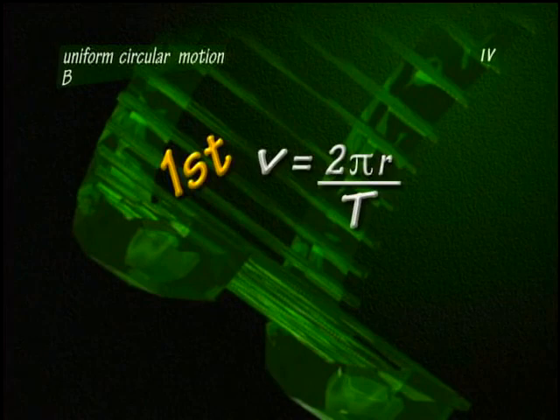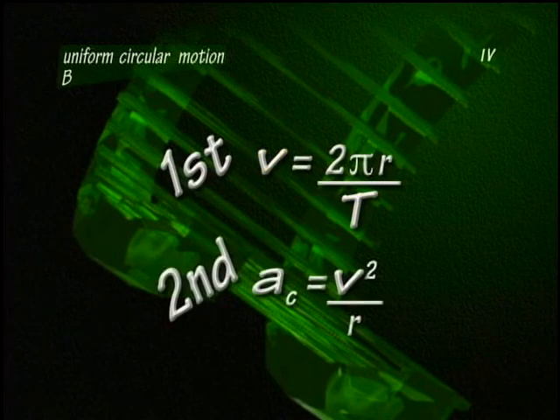So, first we know we have to use the equation v equals 2 pi r over T because we have to find T, the period. But we don't have the velocity yet. So, we can use our other equation, a sub c equals v squared over r, to find velocity, because we have the centripetal acceleration and the radius of the track.